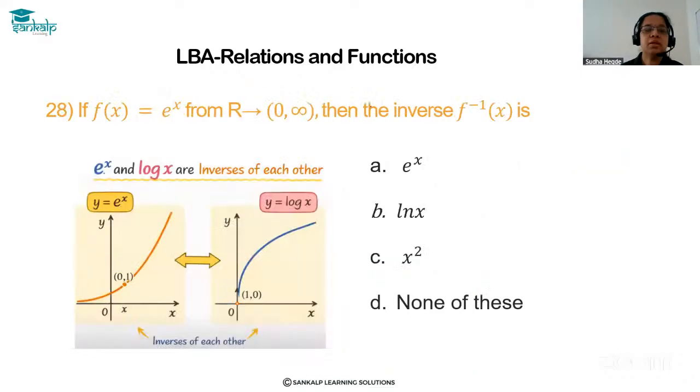Hi students. The question is, if f of x is equal to e power x from R to the open interval 0 to infinity, then you need to find f inverse x.